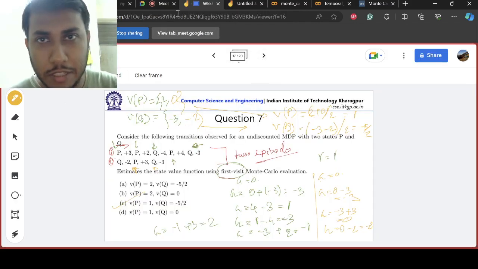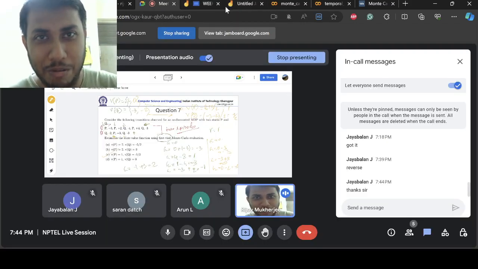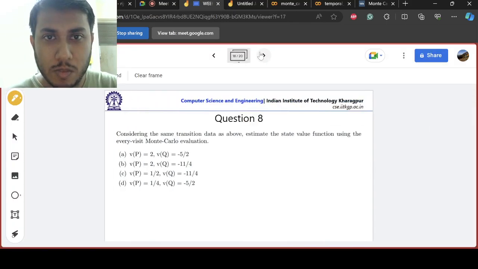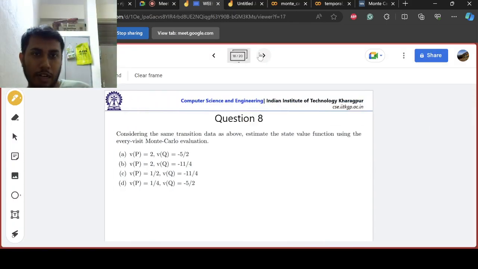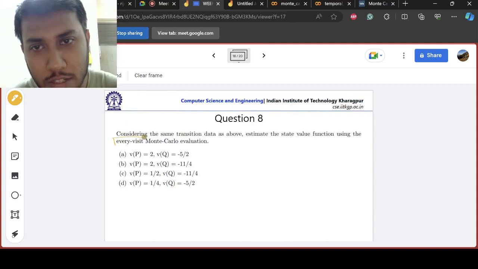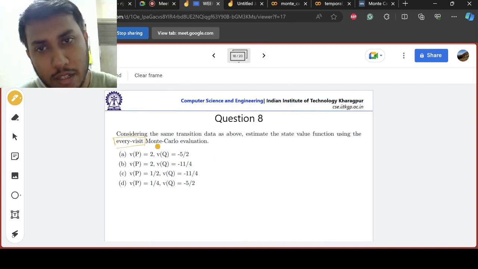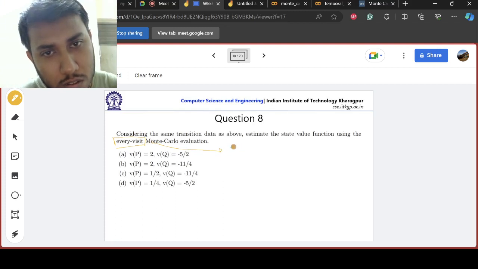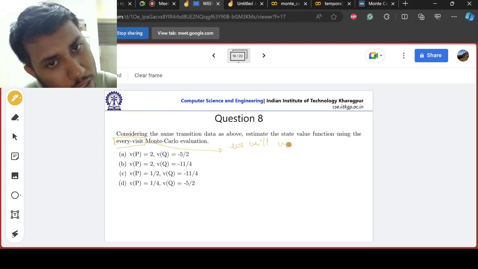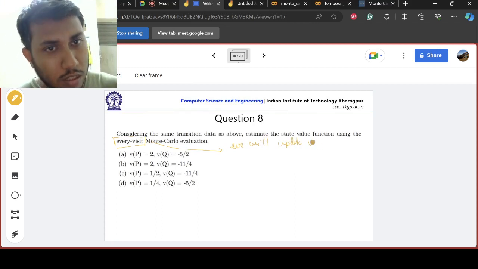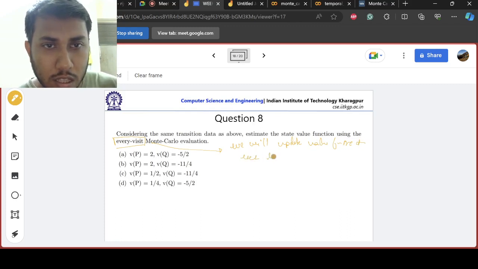So for the next one we will be using the same data. What they are saying is, now we are doing every visit. Instead of first visit, we are doing every visit. So we will update the value function at each visit.